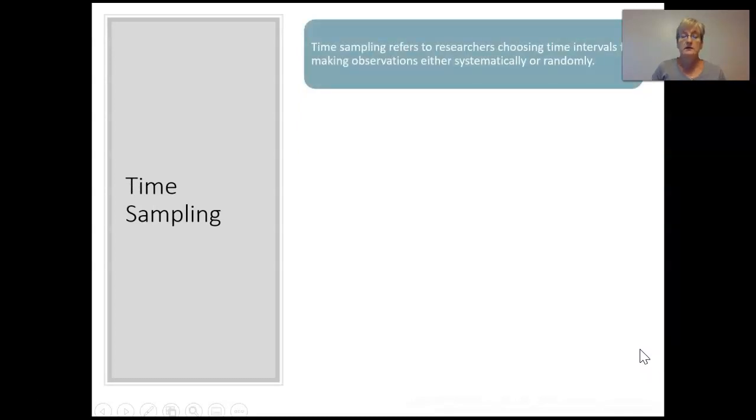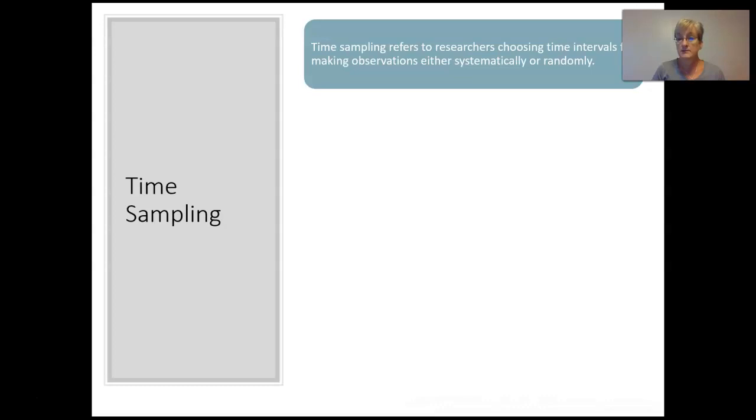Time sampling, as your authors describe it, involves researchers selecting certain time intervals. It could be very short intervals, it could be longer intervals, but they're choosing time intervals for making observations.